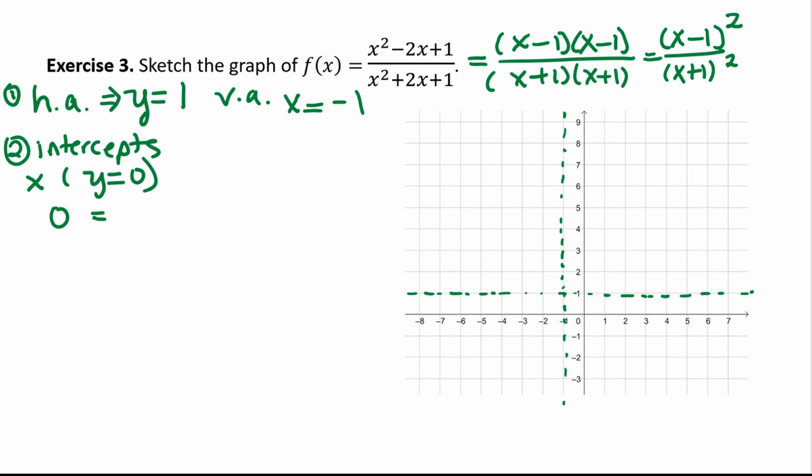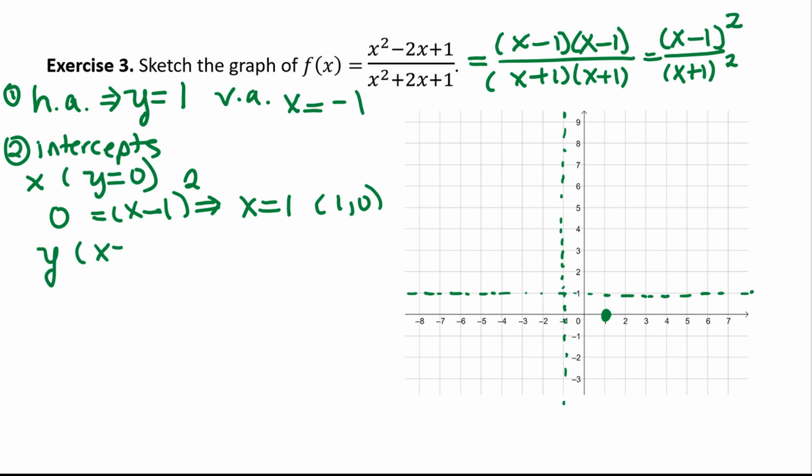So I'll take the most simplified term, that is 0 is equal to (x minus 1) squared, and that gives us the x value of 1. So the x-intercept is the ordered pair (1, 0). Wow, that's right on the x-axis. We'll mark that.